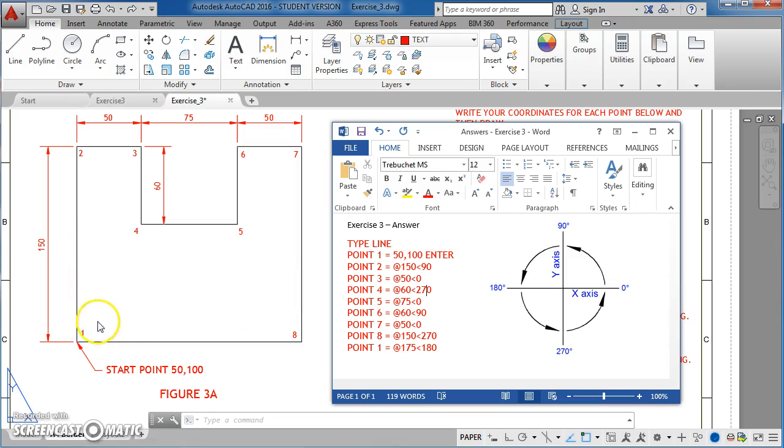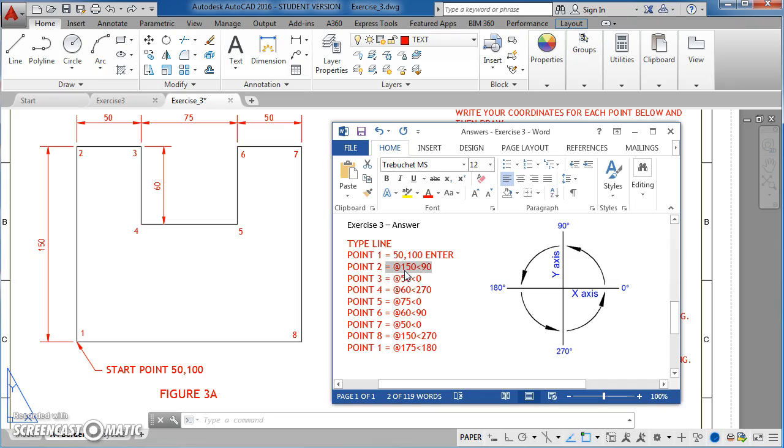Now, polar coordinates ask for the length of the line, and that's going to be 150, and then you use the angle symbol or the greater than symbol, and you type in the angle that that line will be. So let's have a look at that. So we're working out point 2, and we know it's going to start with the @ symbol.